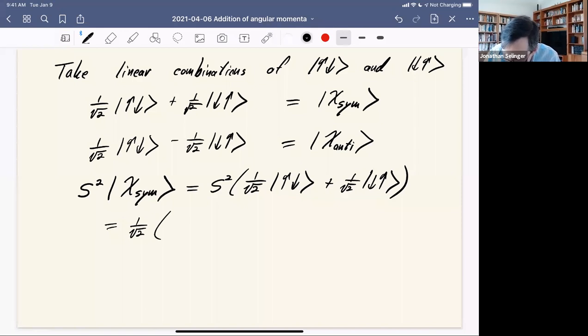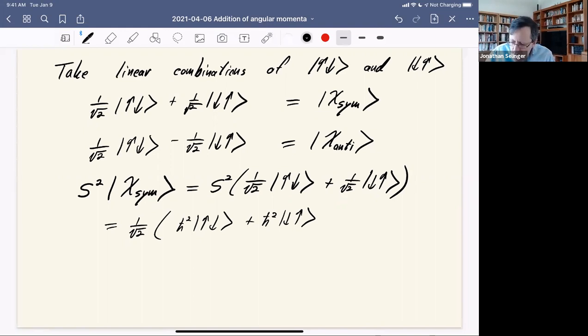That is h bar squared up down plus h bar squared down up. That's what we already figured out.